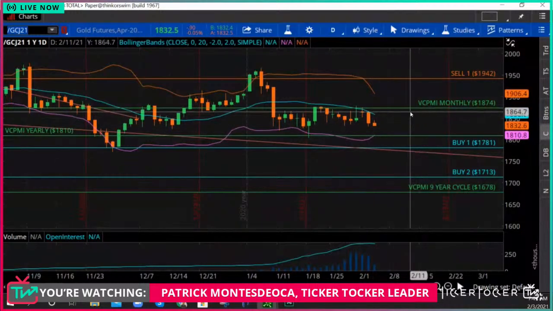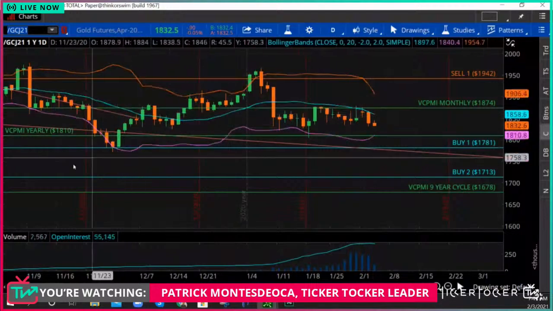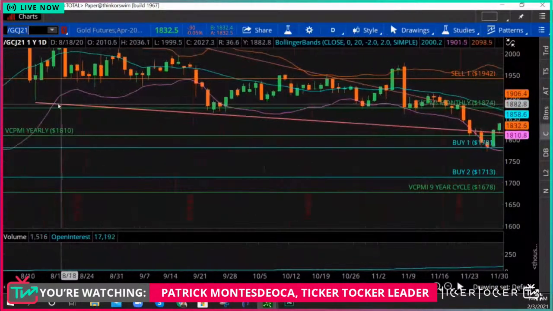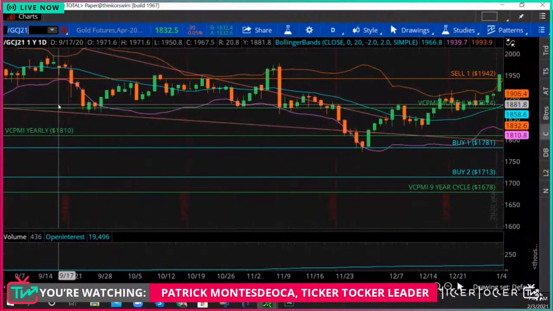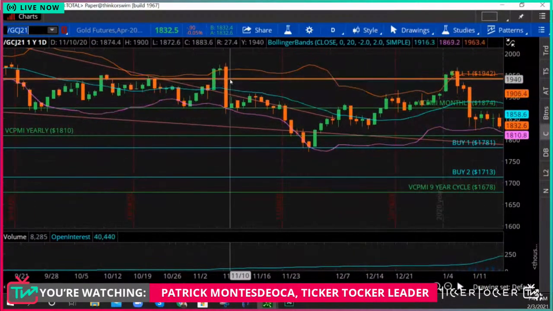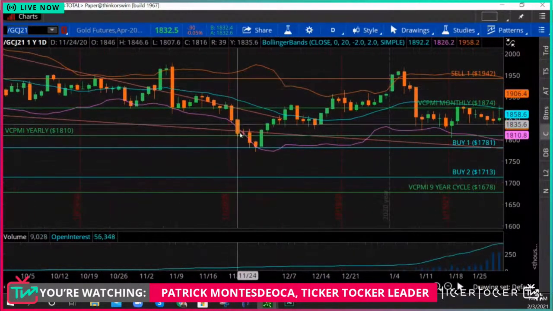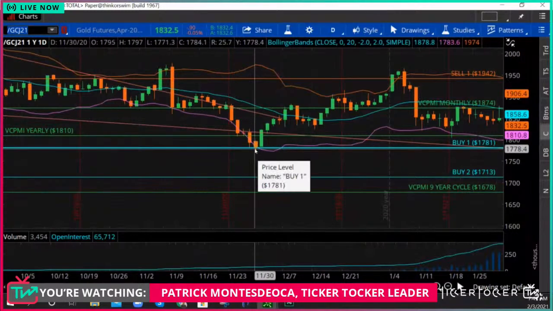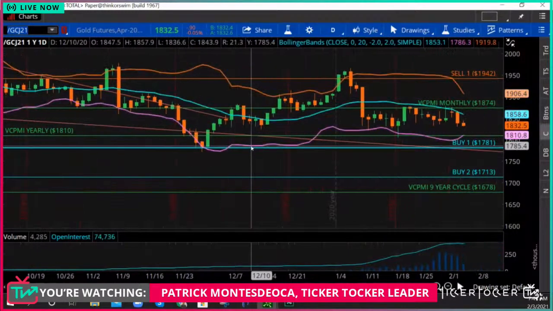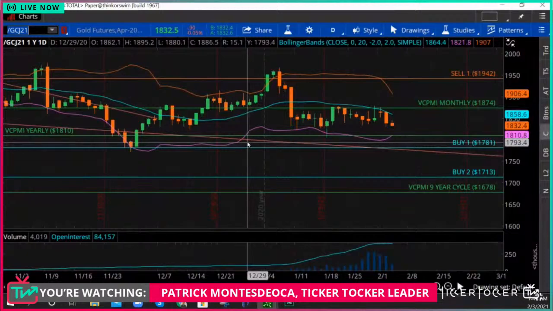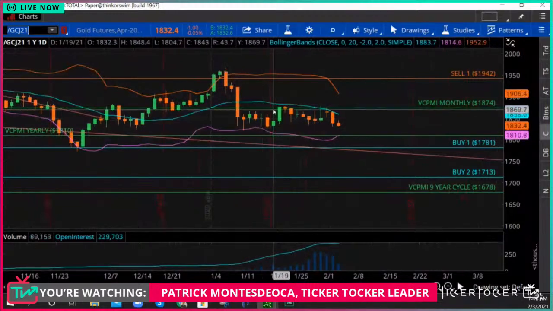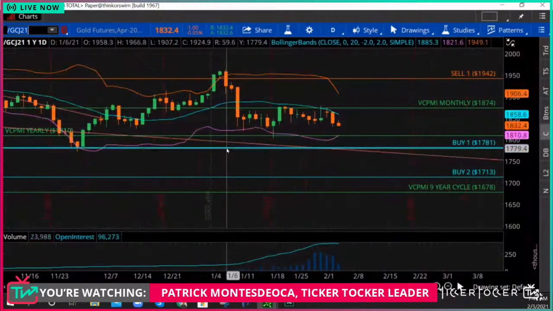Unless we close, and we've been trying a couple of times, to get back above 1874. Seems 1842 seems to be the extreme, or the average price monthly, and the extreme below the mean is that 1781 level.